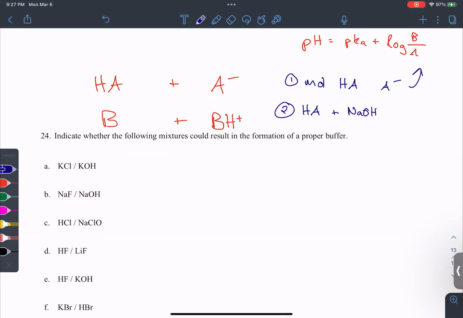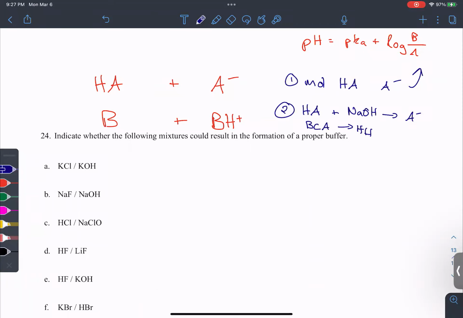When you neutralize a weak acid, you make in situ the conjugate base that you need. With method 2 it's a little harder because you have to account for a neutralization reaction first, before you can use the Henderson-Hasselbalch equation. So I tell my students that for type 2, you do a BCA table first, and then Henderson-Hasselbalch.